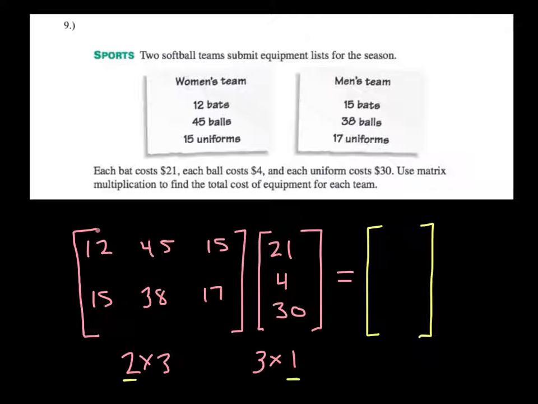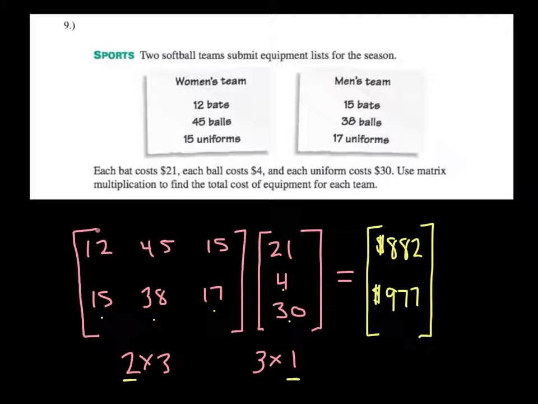So what is 12 times 21 plus 45 times 4 plus 15 times 30? 882. And then what is 15 times 21 plus 38 times 4 plus 17 times 30? $977.